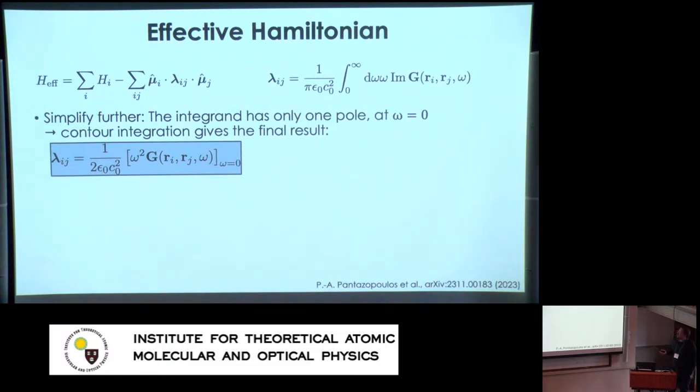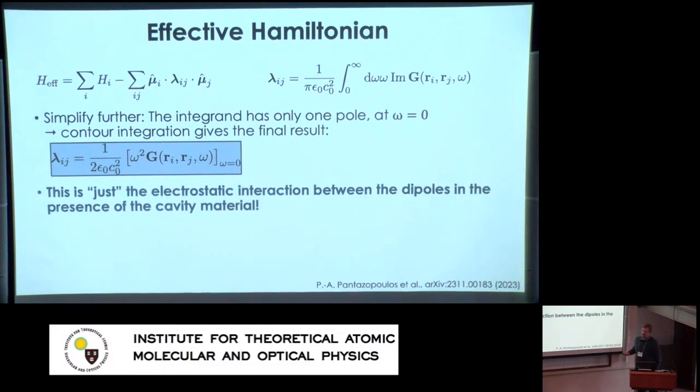So all I get back from integrating out the photon modes is the electrostatic interaction, and this now includes both the free space and the cavity-mediated electrostatic interaction between these units or dipoles that I assumed in the beginning. So what this is telling me is that really I should not be using few-mode approximations. This is a much simpler result and much more intuitive, and includes all the modes automatically.